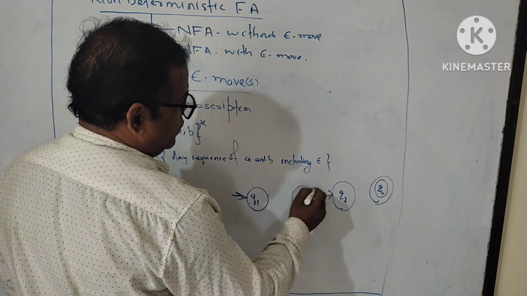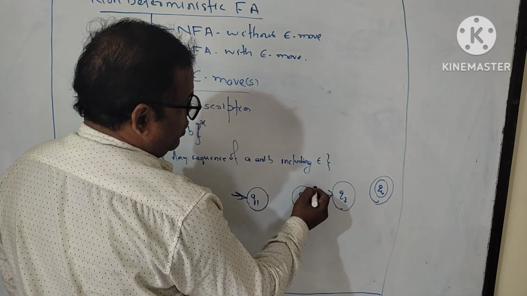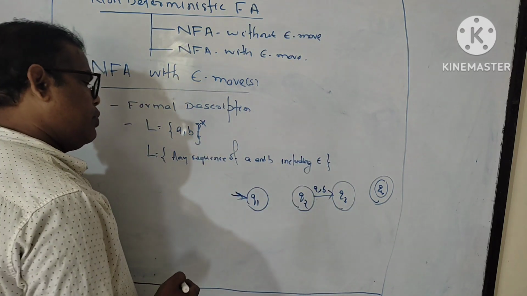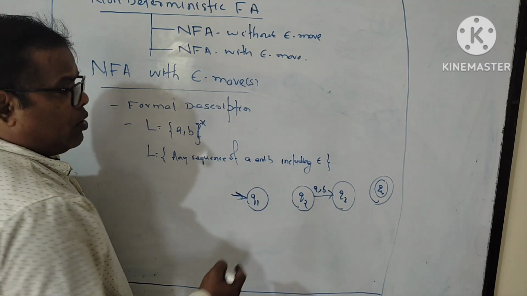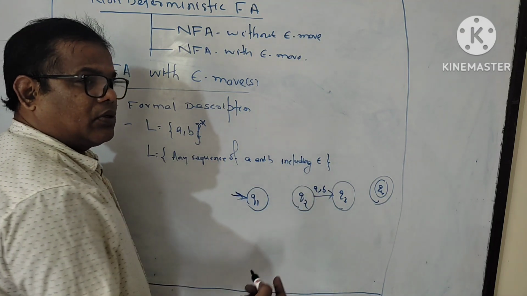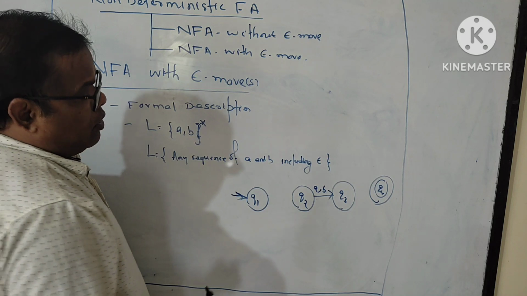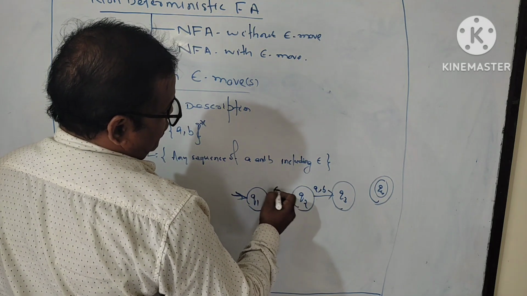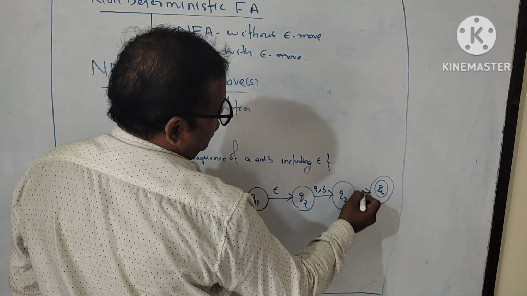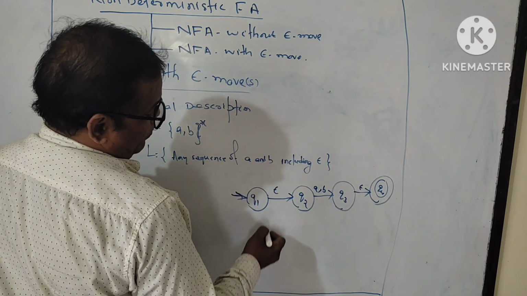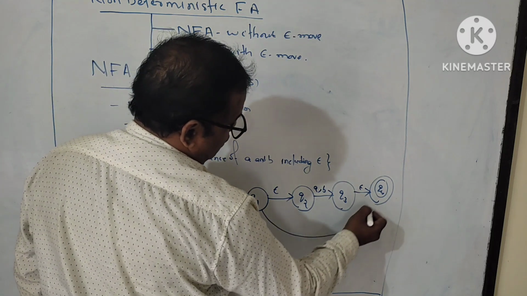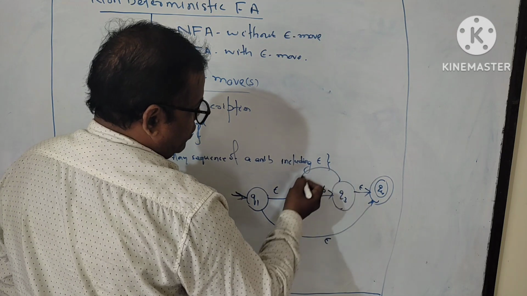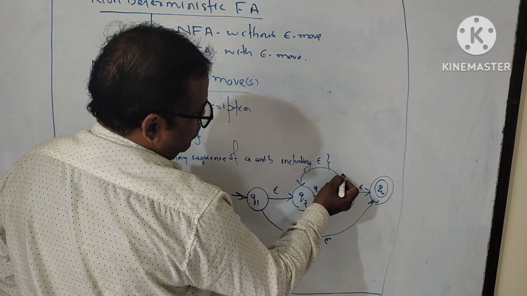From Q2 to Q3 the transition is for both A, B. You could write two edges separately or write a single edge labeled with two symbols separated by a comma. And you write here there is an epsilon move, and there is another epsilon move here, and also there is an epsilon move from here.